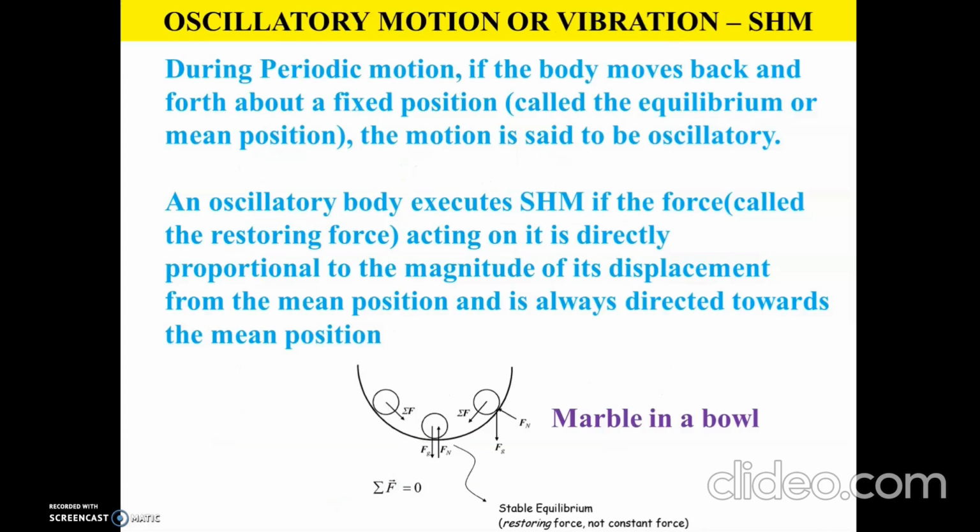And what is happening during this periodic motion? The body is moving back and forth about a fixed position, and this fixed position is called the equilibrium position. Like I was just mentioning before, in the marble in a bowl situation, at equilibrium the gravitational force is balanced by the normal force from the contact between the marble and the bowl, and this is what we call a stable equilibrium.